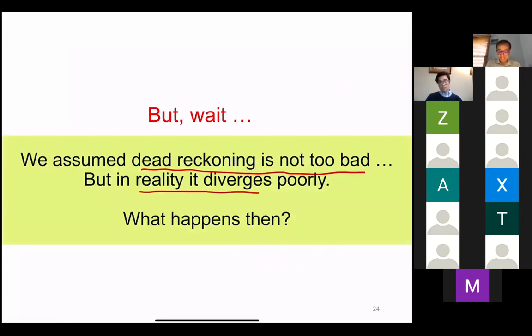But in reality, it diverges poorly, especially as the person walks around in the shopping mall for 1 hour. After the first 5 minutes, it will become really, really bad. So that means your sensor clusters, when you project it back to the shopping mall, that will be really bad too. What happens then?